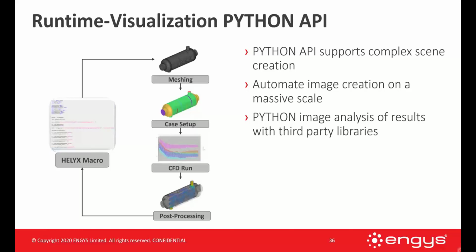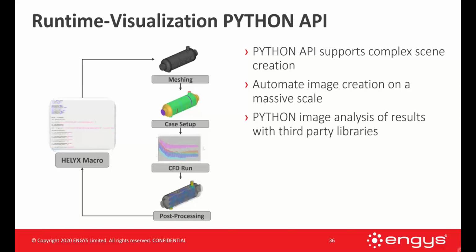And then potentially you could turn that into a function. You could pass that to automate this whole creation of different scenes. And then you could feed that into runtime visualization so that you would be able to have all these images along the length of the vehicle or width of the vehicle or the height of the vehicle.